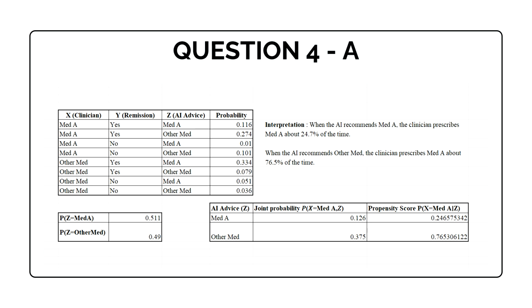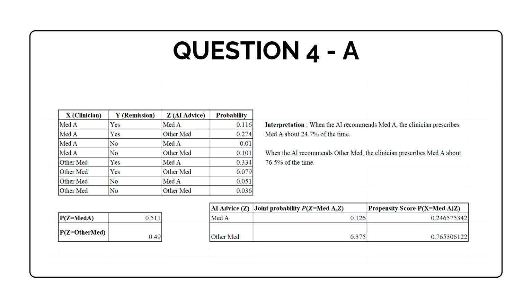Next, we calculate the joint probability of med A prescribed with each of the AI recommendations. The first one is for when it advises med A, which is 0.126. And AI advice on the other med, that is 0.375. Finally, we divide each joint probability by the probability of that advice given to get the propensity score.